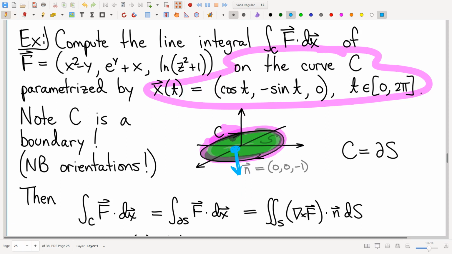That makes a swirl kind of like that, and that sideswipes in the correct direction. So there you go. There's your orientation for your surface. And indeed, our curve is the boundary of that oriented surface.